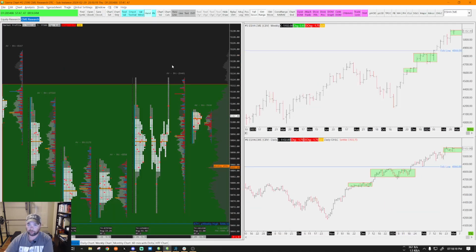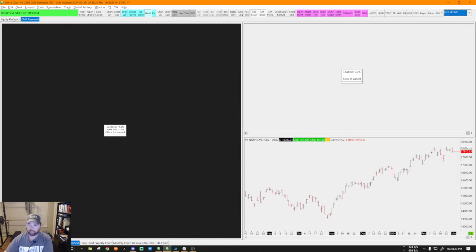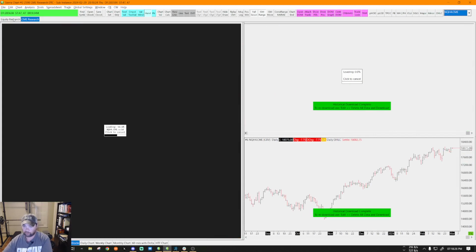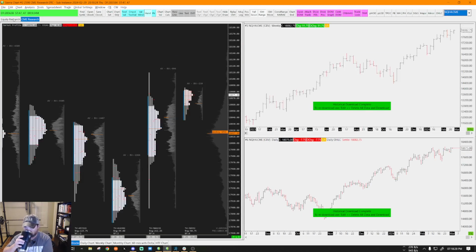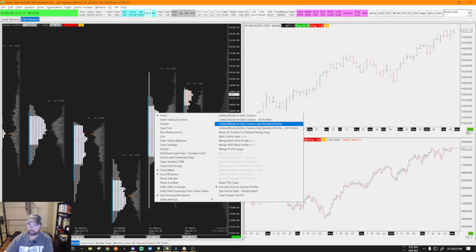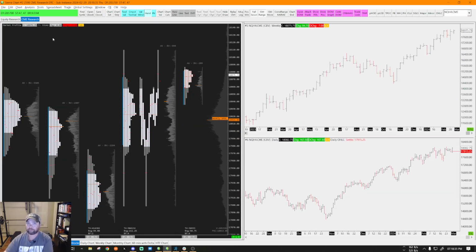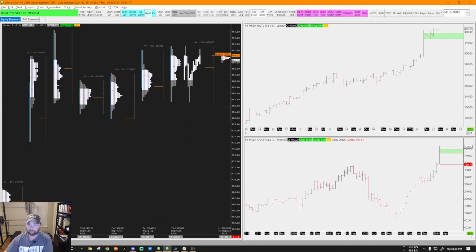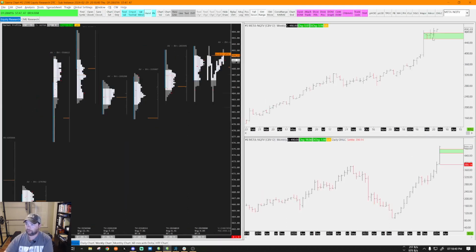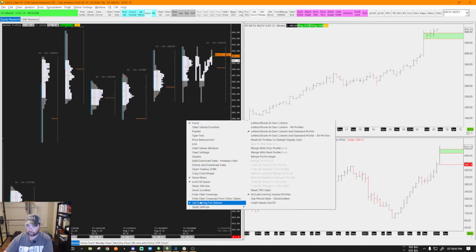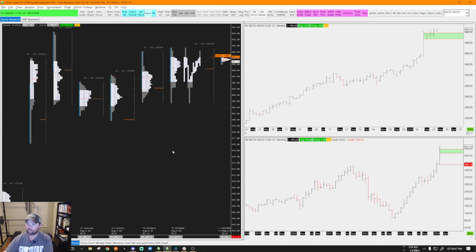Probably NQ is the same, right? Load up NQ real quick and see. Maybe just watch them real close for correlation. So I like this chart. Little strange, my balance area didn't carry over, but let's see.